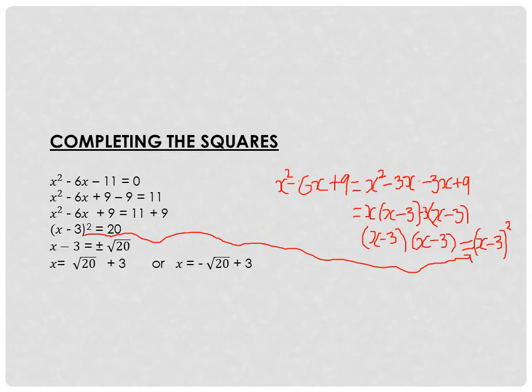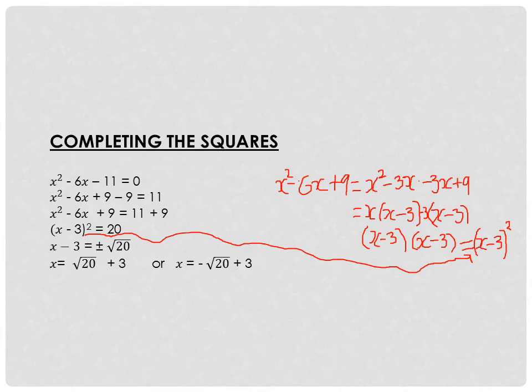Half of negative 6 is negative 3. So now we have to add and subtract negative 3 to the power 2, then we put it in the equation. Hence we have x to the power 2 minus 6x plus 9 minus 9 equals 11.